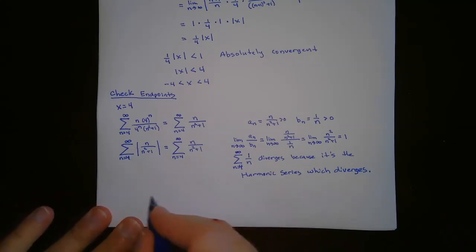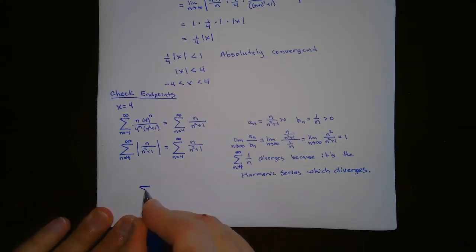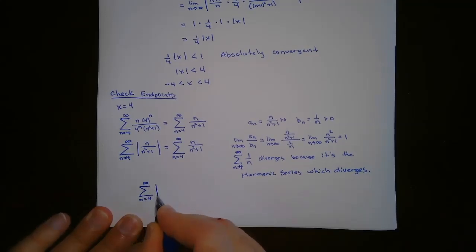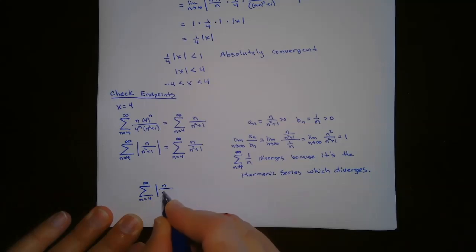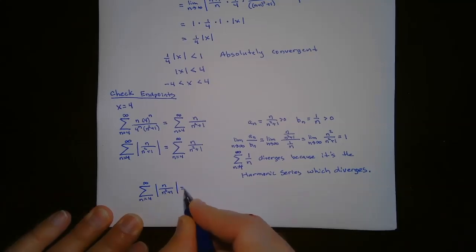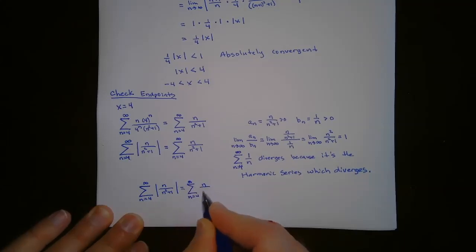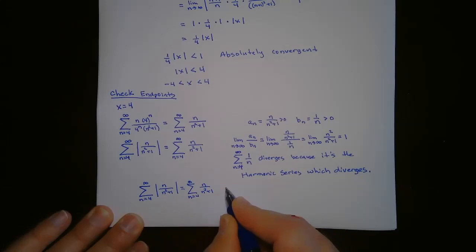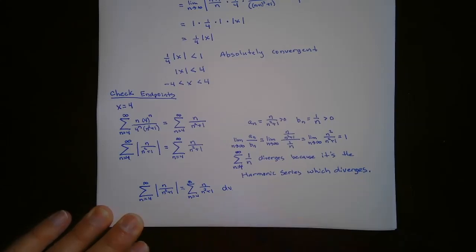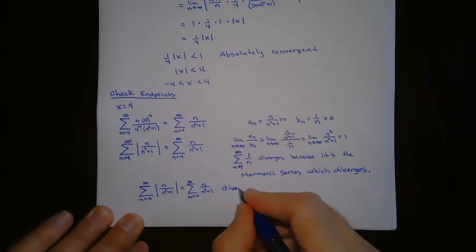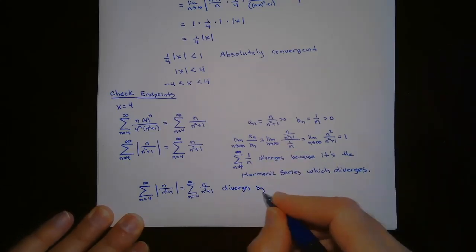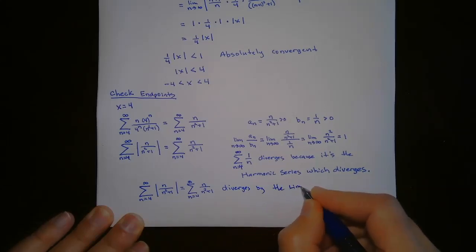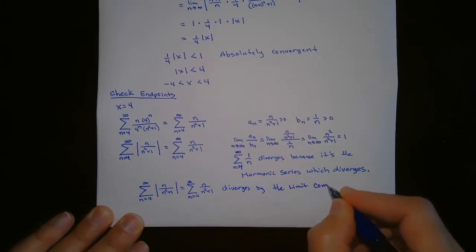So the sum from n equals 4 to infinity of the absolute value of n over n squared plus 1, which is also equal to the sum from n equals 4 to infinity of n over n squared plus 1, diverges, got ahead of myself, diverges by the limit comparison test.